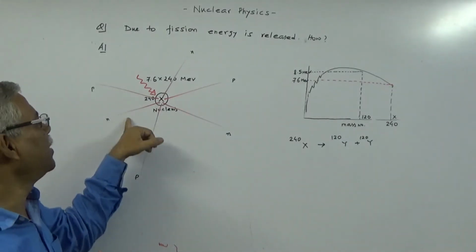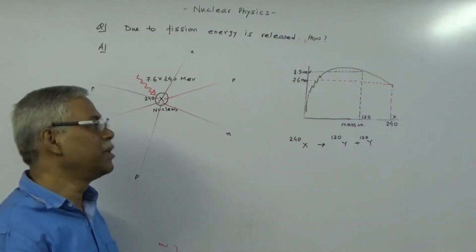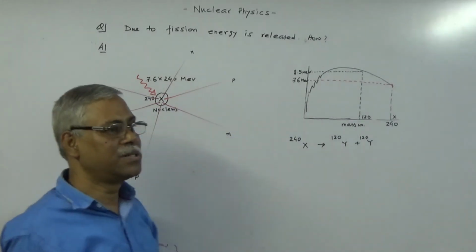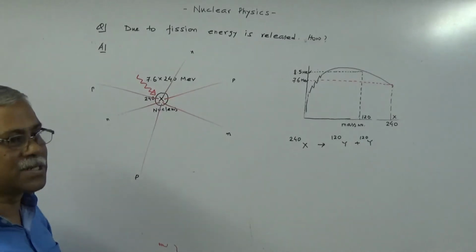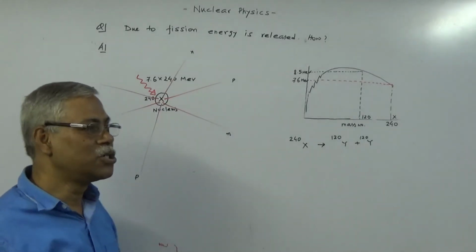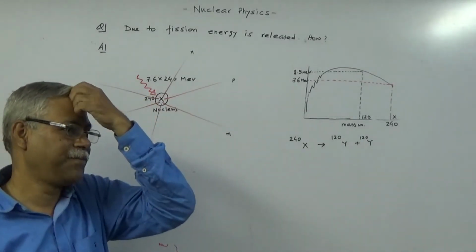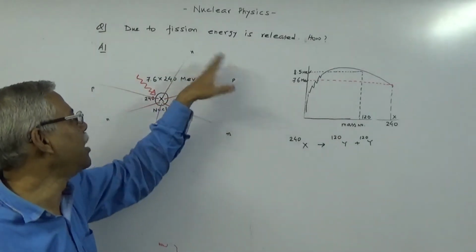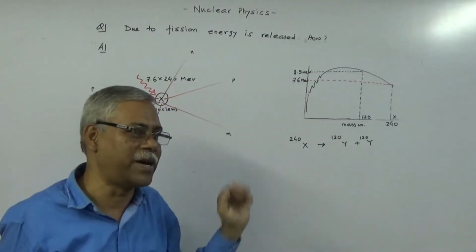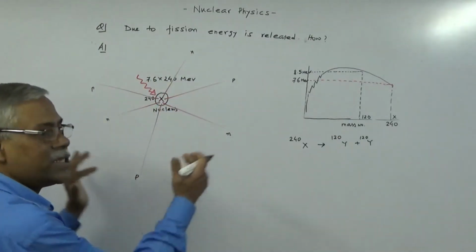Obviously you have to supply energy equal to binding energy. Per nucleon it is 7.6, and there are 240 nucleons, so this much energy you have supplied. Now the nucleons have all gone to infinite separation. Now you are condensing.